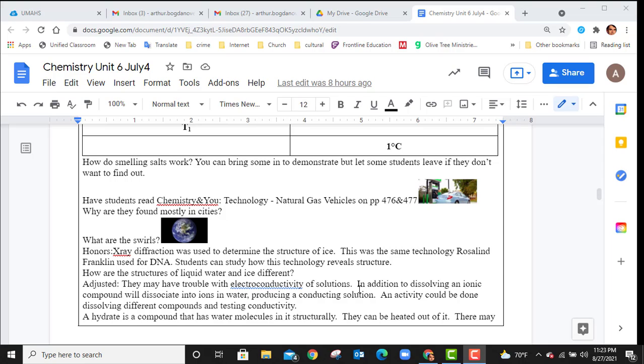So what you can do is you could have them dissolve some sugar and then some salt, and then test the conductivity with just wires and battery and a meter or a light bulb for each.